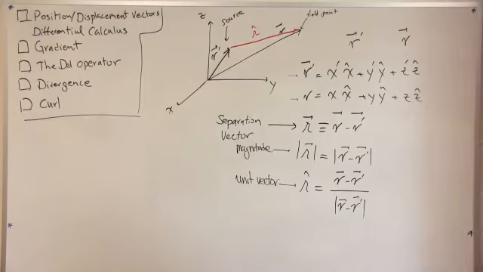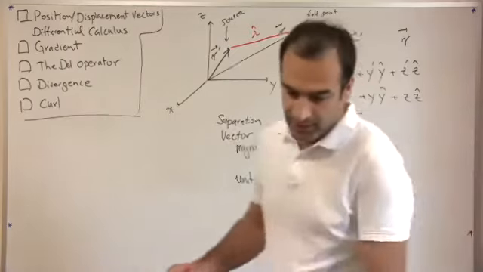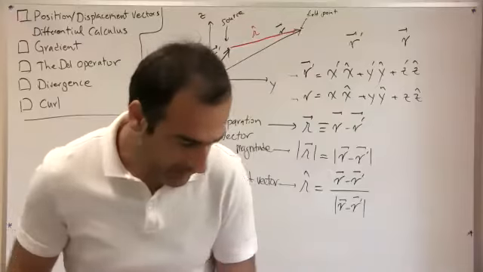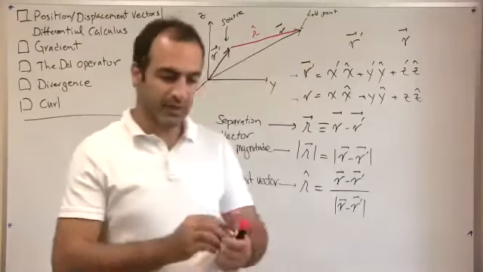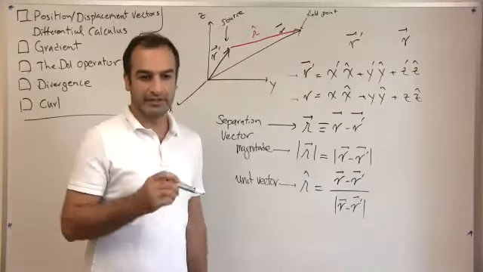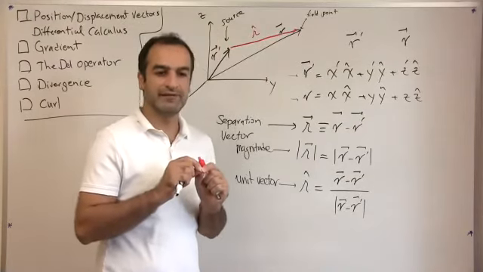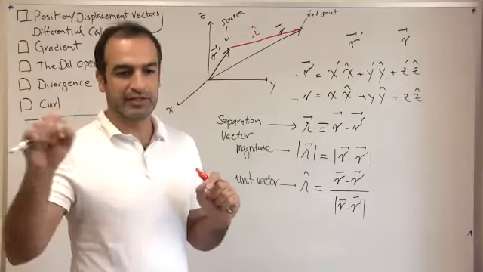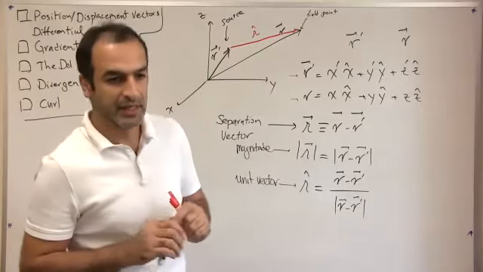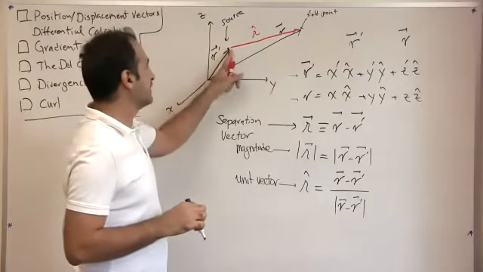Any question? What is the source and the field point? Okay, a lot of times here we have a charge or current distribution, and we are interested in finding what kind of field those charges are creating. Okay. So wherever you have a charge, we call it a source.